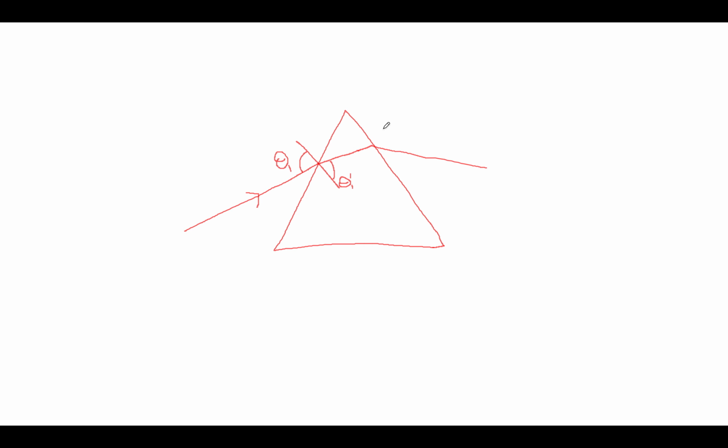So if I were to draw another normal here, then I can write this angle, the angle at which the refracted ray that passed through the prism went to the other face, is theta 2, and it comes out at an angle of theta 2 prime, let's say.